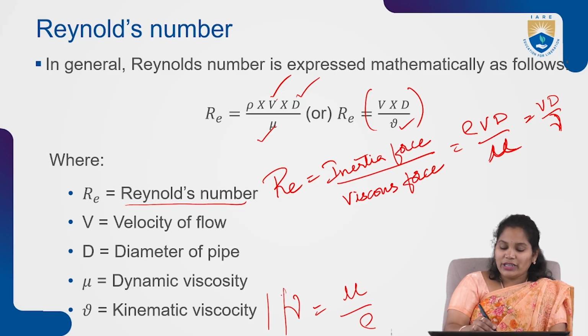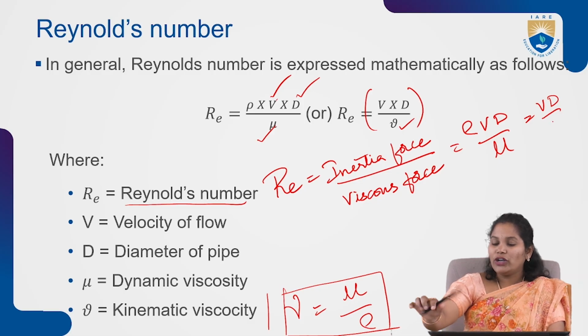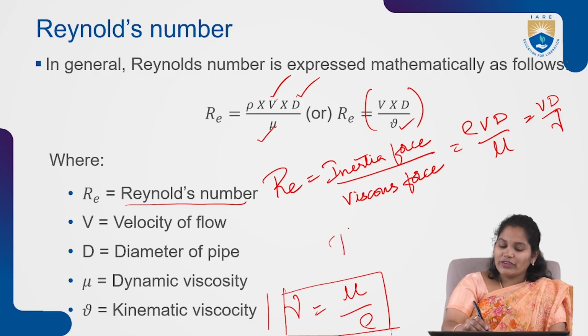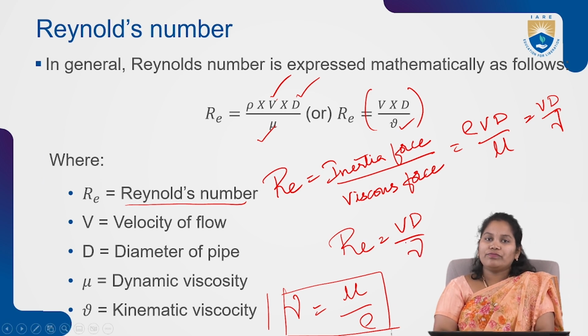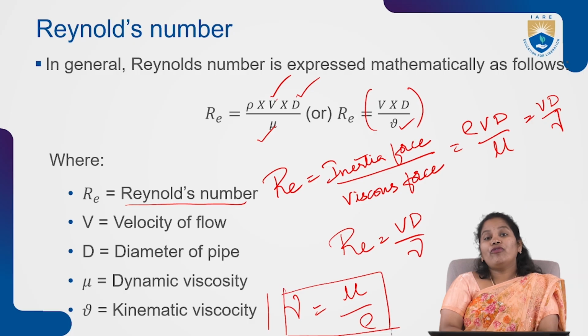So in place of mu by rho, I am writing directly nu. Another equation, Re is equal to V d by nu, kinematic viscosity. By using this equation, we can differentiate laminar and turbulent flows.